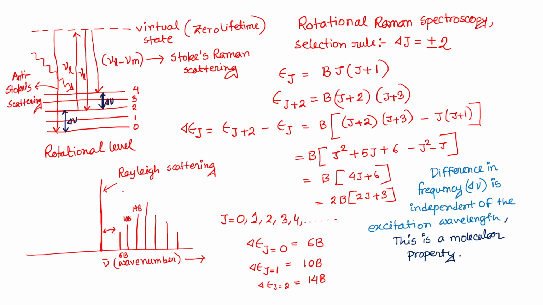So these are actually anti-Stokes. Okay, why? Your anti-Stokes will come at higher frequency, and your Stokes spectra will come at lower frequency, higher wavelength.